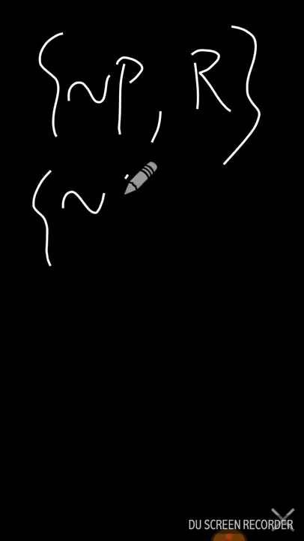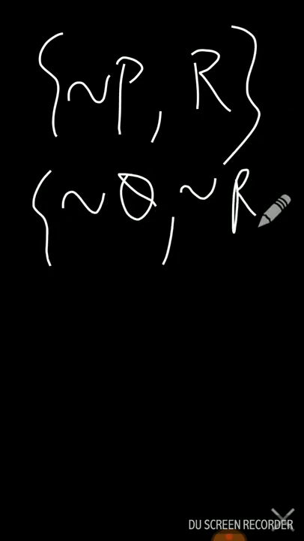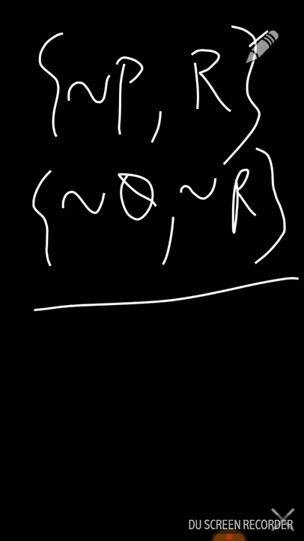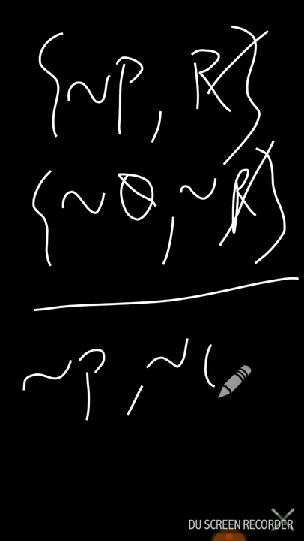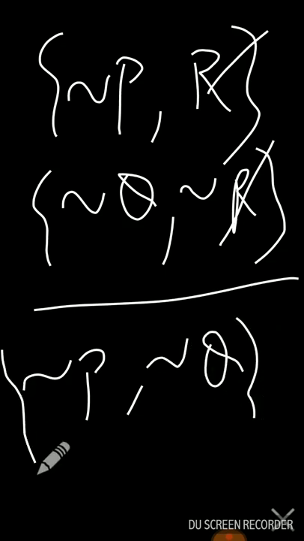Another example you can take: negation of P and R, suppose, and negation of Q and negation of R. Now if you combine them, these two will go off. So what you are left with is negation of P and negation of Q. One more example we can consider.